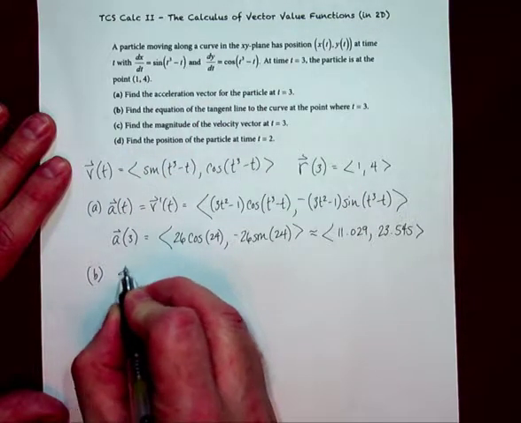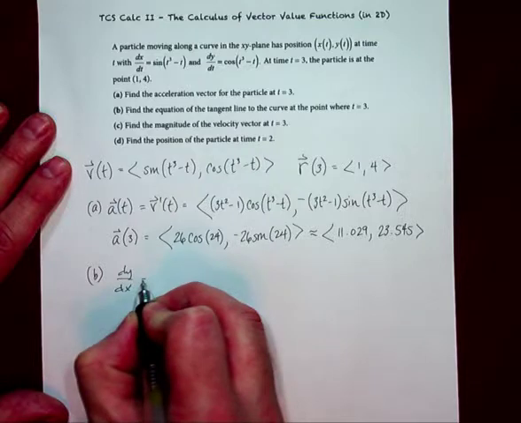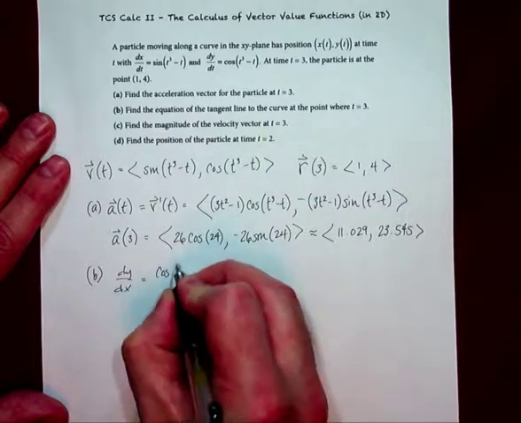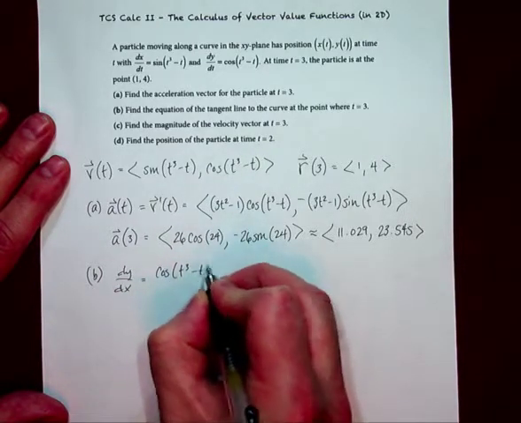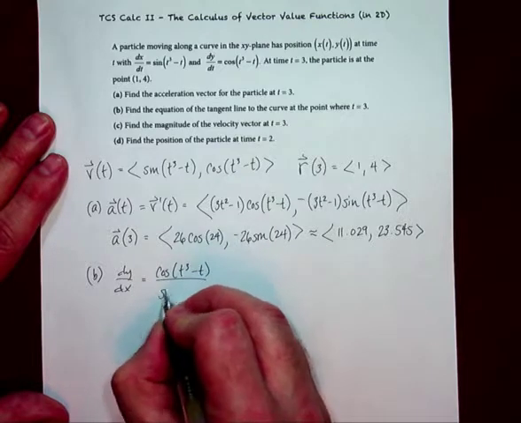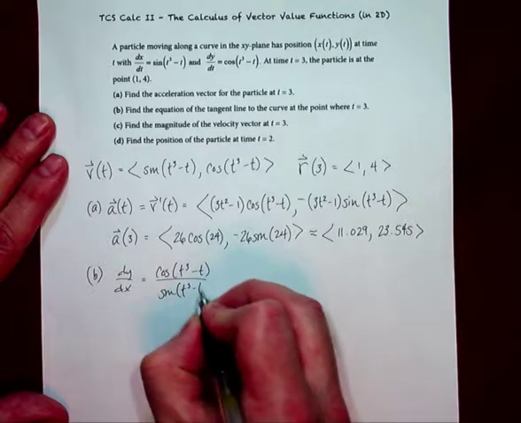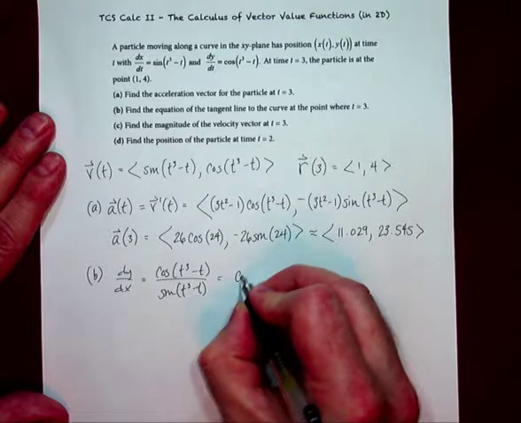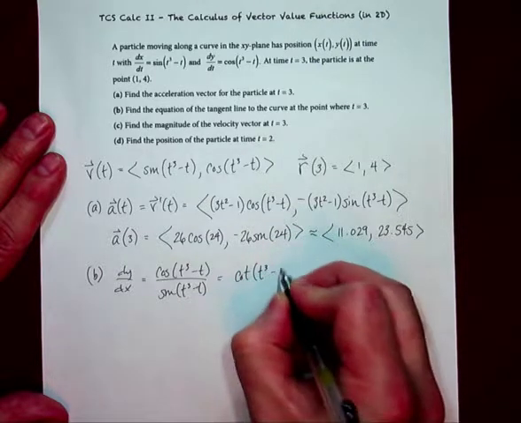Well, my dy/dx is going to be cosine of (t cubed minus t) over sine of (t cubed minus t), which is of course cotangent of (t cubed minus t).